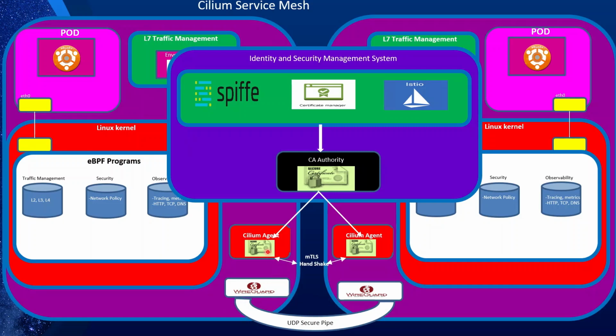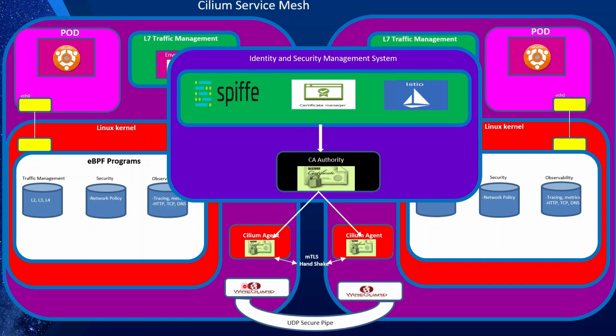So this is a little bit different from Istio's approach. You can opt in if you want to. If you don't need encryption, then you don't need that, because it provides some overhead. If you only need authentication, then we can just use the CA authority to manage certificates and the Cilium agent to provide the handshaking between them.